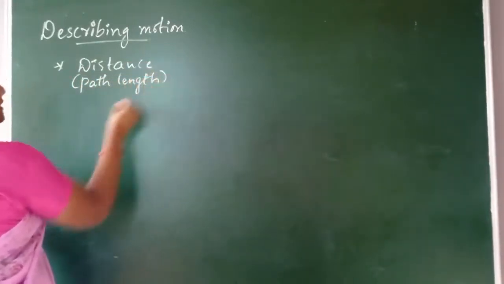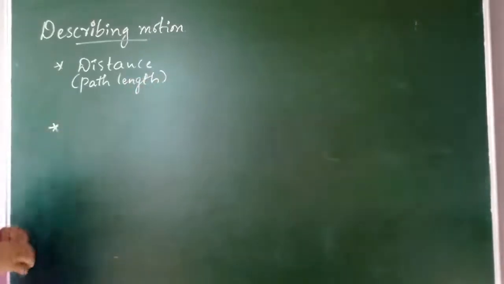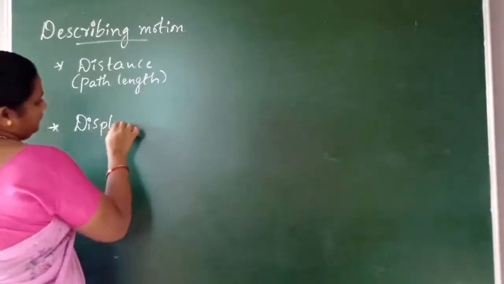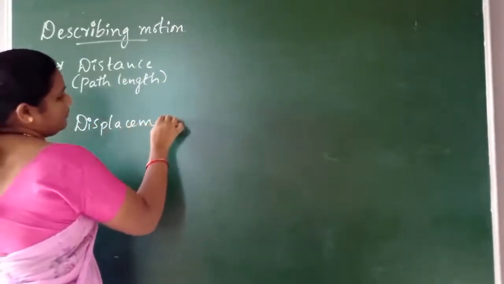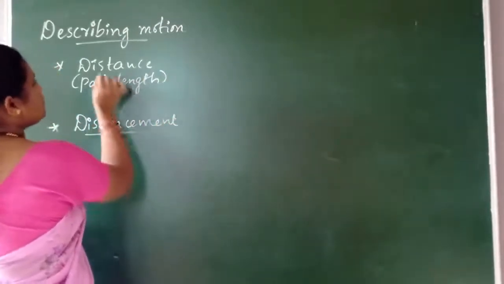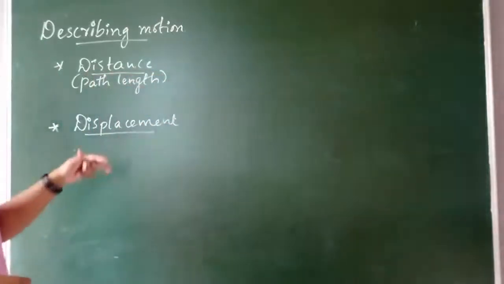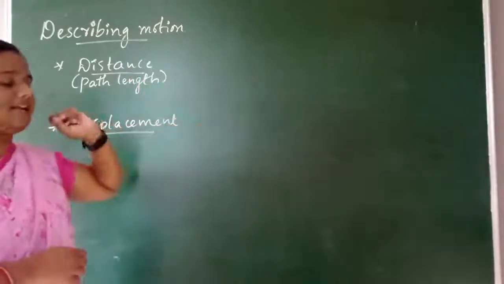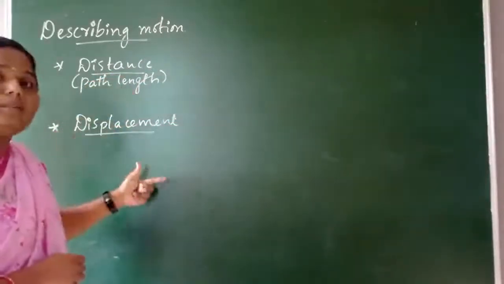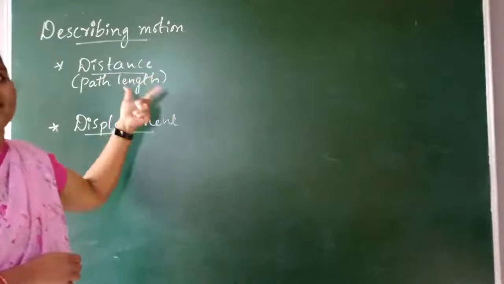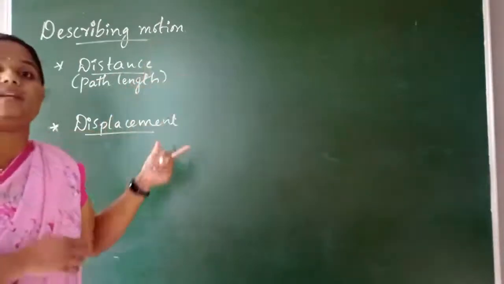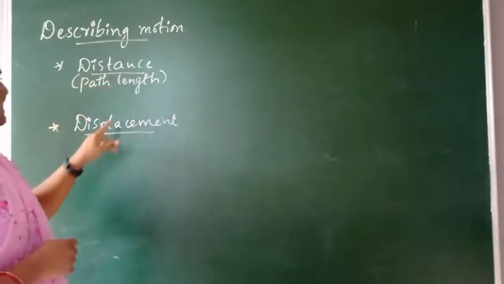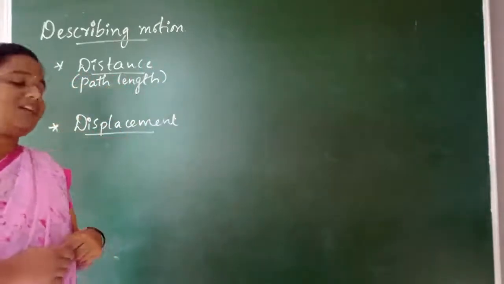Path length. The another quantity, that is what? Displacement. With these two quantities, we are going to know motion in a precise way, children. It means that we need to know the meanings and definitions of these. Then only the motion concept is becoming easy to us. So what is this distance and a displacement?